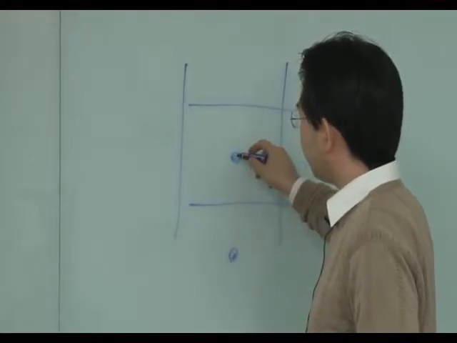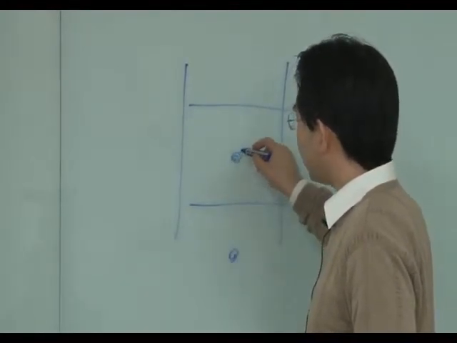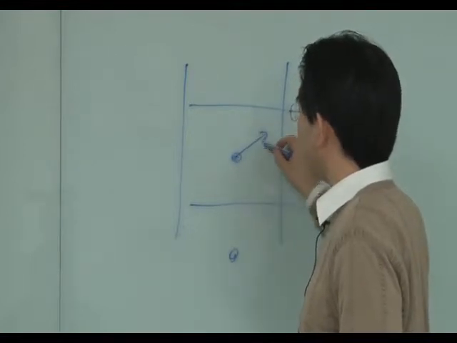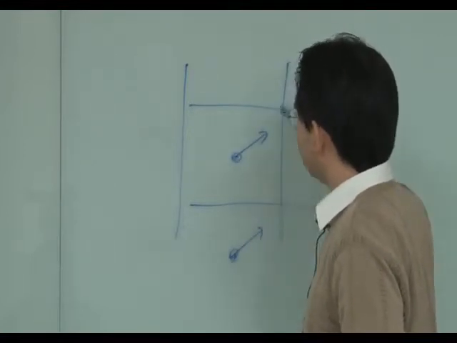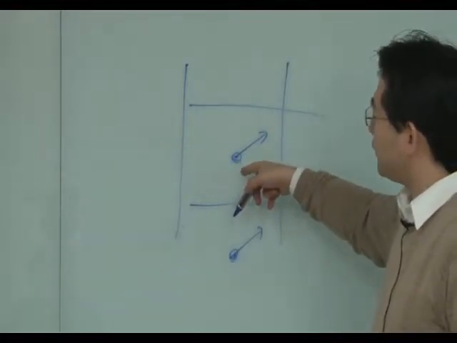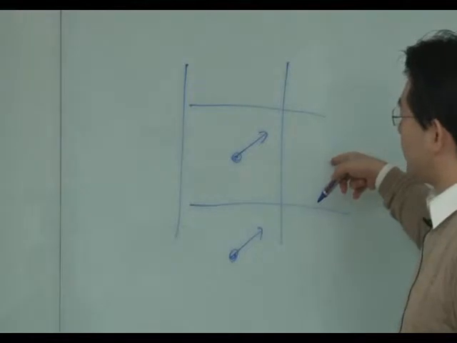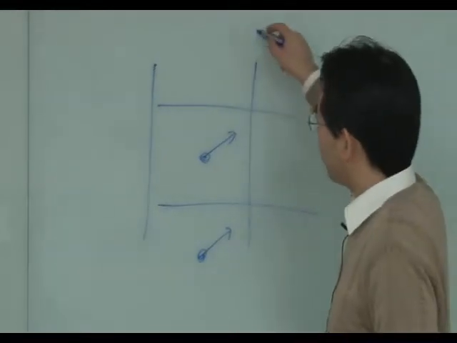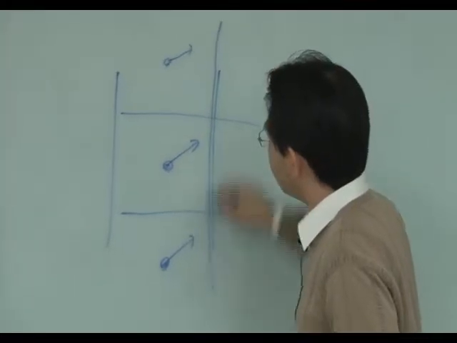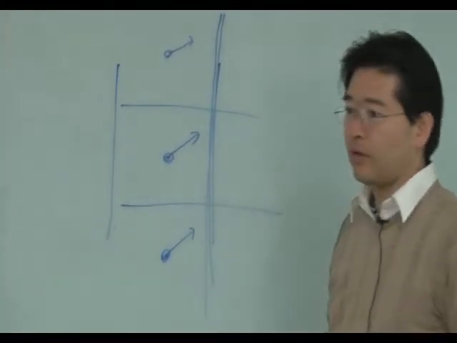So the basic idea is to place markers and calculate their motion. At first, this cell has a marker and this cell does not. So you can assume the waterfront is here.